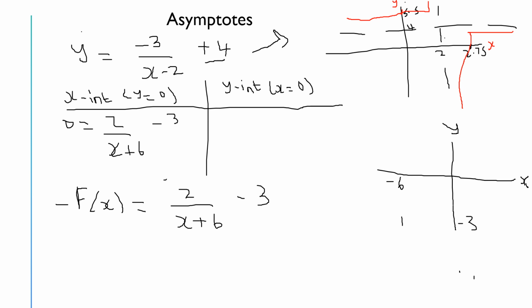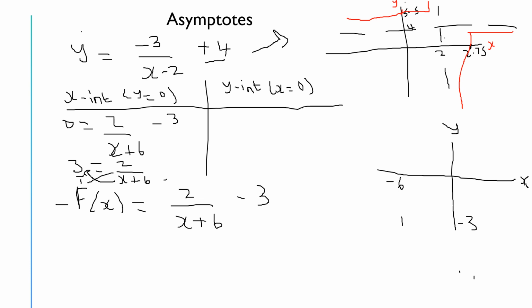Again, the same concept applies. The 3 must go to the other side, which means it will come back as positive 3 on the other side, and then 2 over x plus 6 on this side. So that will be our equation, 3 equals 2 over x plus 6. We can divide here by 1, meaning it will be cross multiplication.